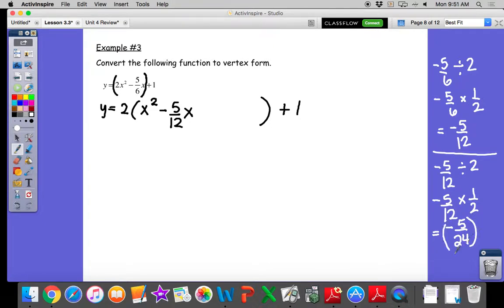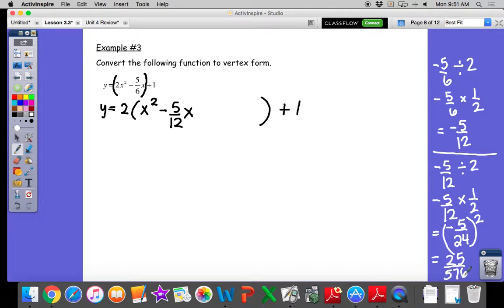Next, I'm going to have to square that number to get that perfect square trinomial. When I square that number, I have to square the top and the bottom separately. So negative 5 squared would give me 25 positive, and 24 squared would give me 576.